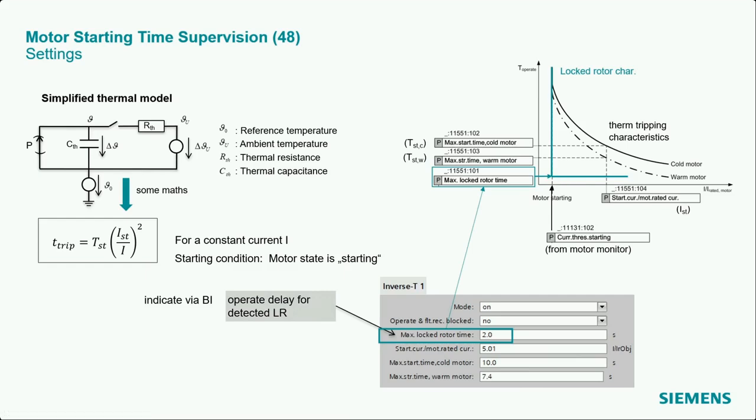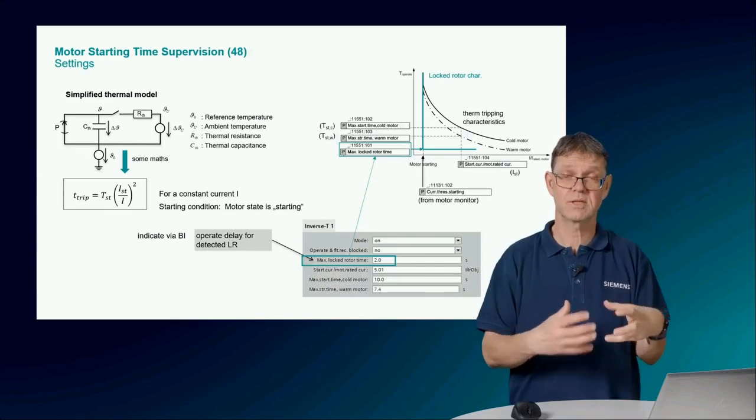Therefore it's not the time which we get when we go up the curve here for a certain current, which could be misunderstood because it's called maximum locked rotor time. This could be the maximum time the motor can withstand with a locked rotor. Here the meaning is the maximum time I would allow the motor to stay with a locked rotor before I trip. So the idea is I give maybe a couple of seconds to the motor in that locked rotor state still.